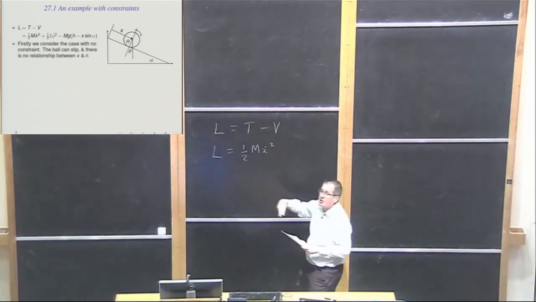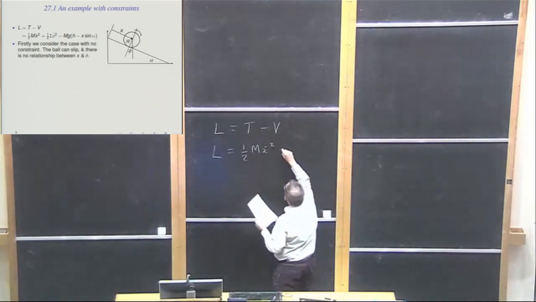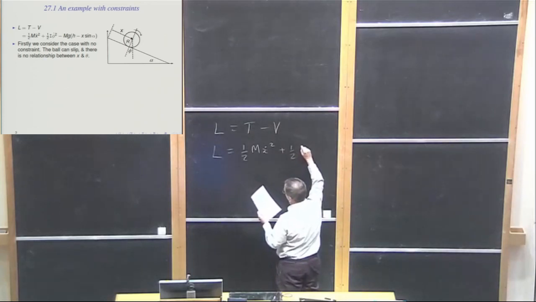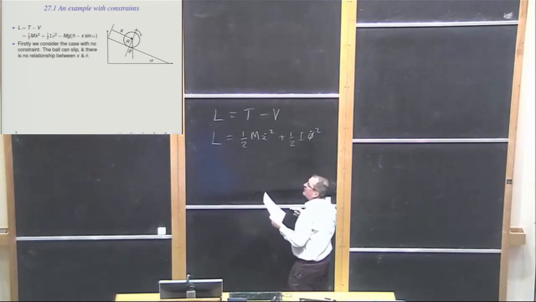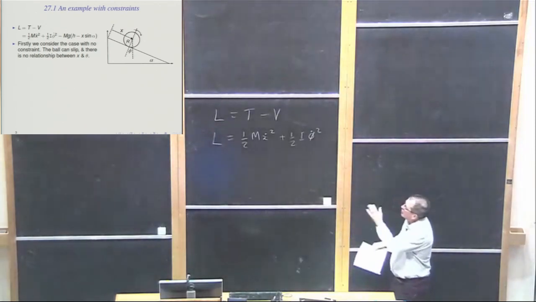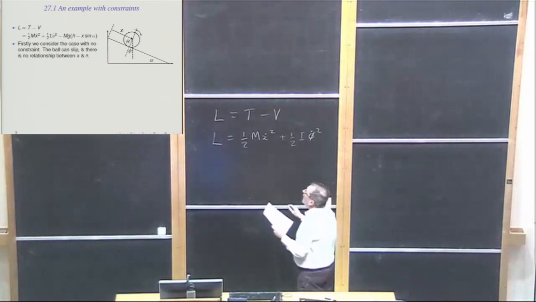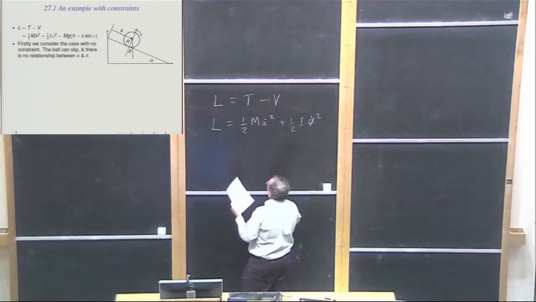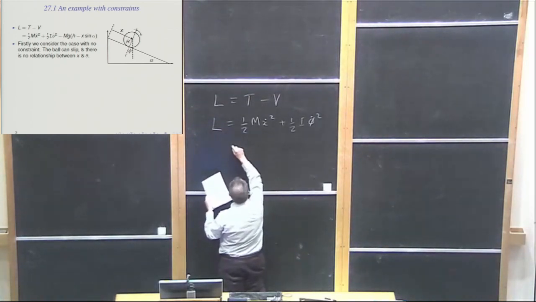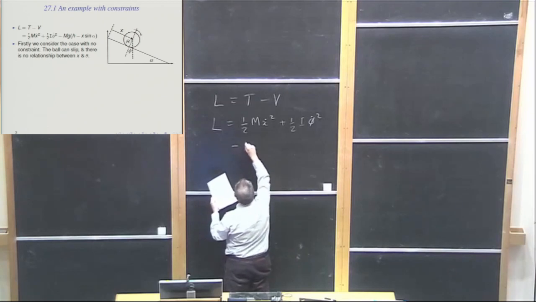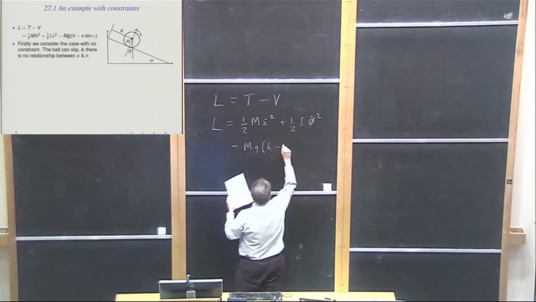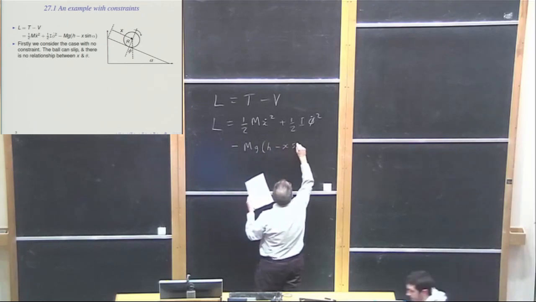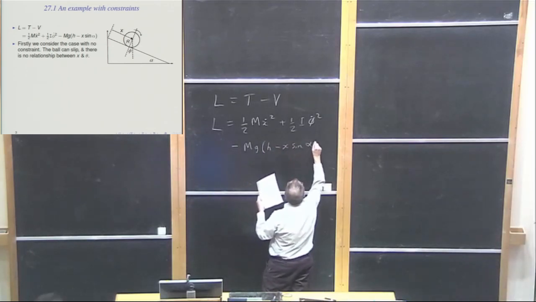There's the rotational kinetic energy, which is a half I phi dot squared. And then there's a potential energy, which is just associated with the height of the ball up the slope. So that comes in as negative, so minus mg (h minus x sine alpha).